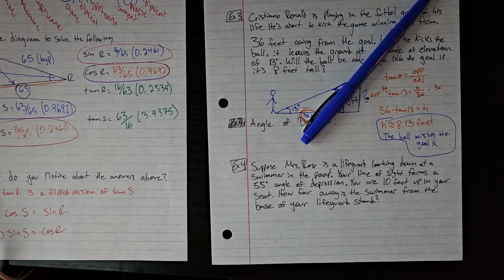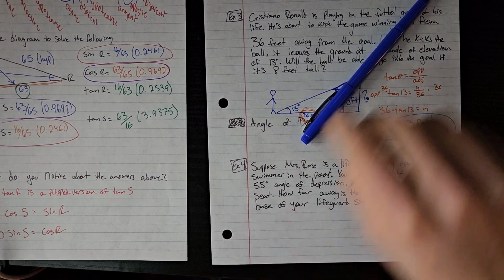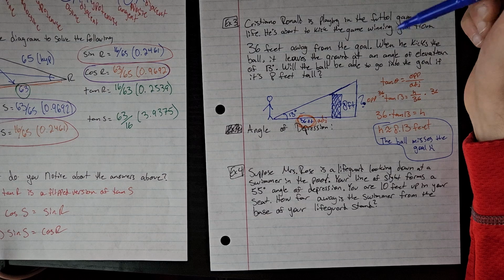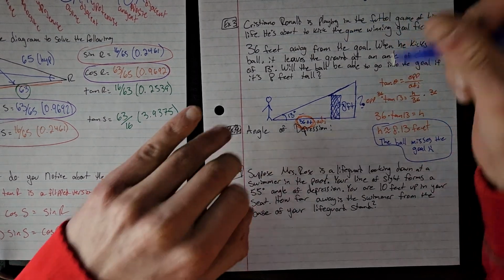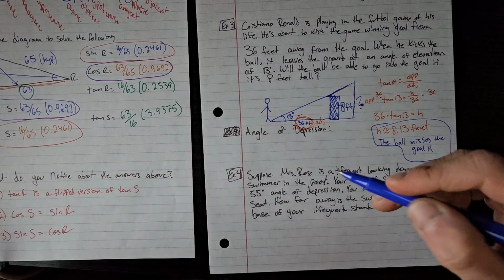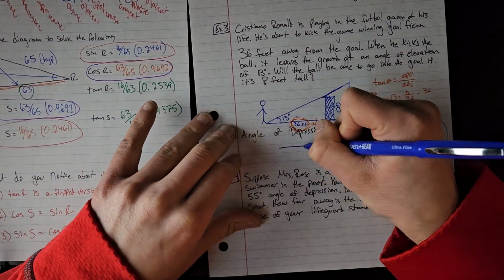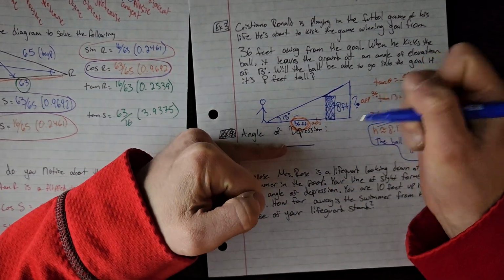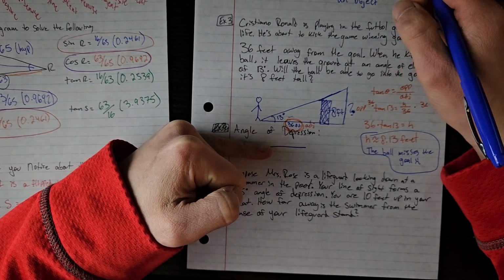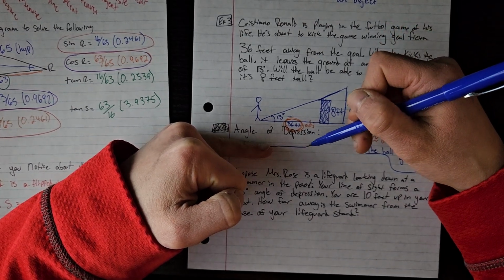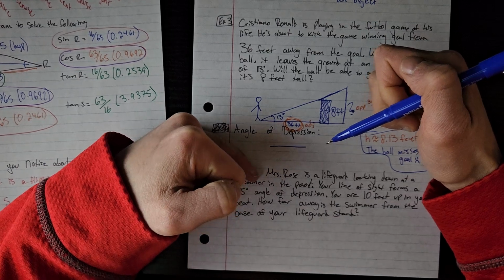All right. Should I just make up my own definition for angle of depression? Angle of depression has the same gist as angle of elevation, but it's going downward. For example, given this line right here, if I put my finger on the line, the angle of depression would be going from a horizontal line and moving my finger downward.